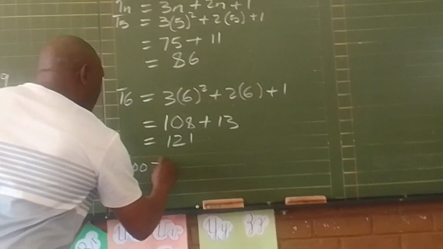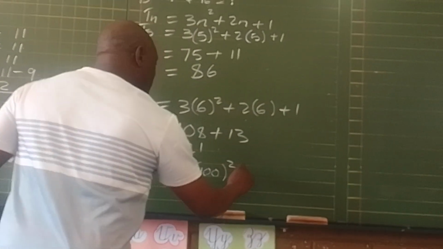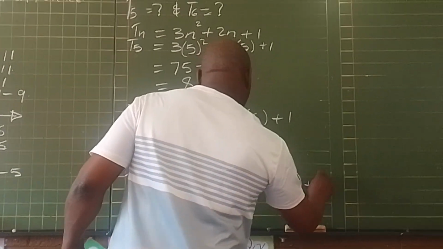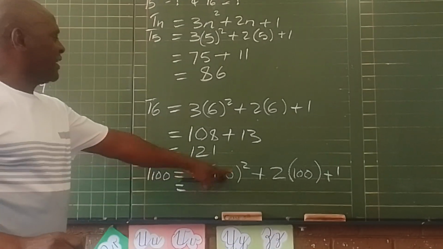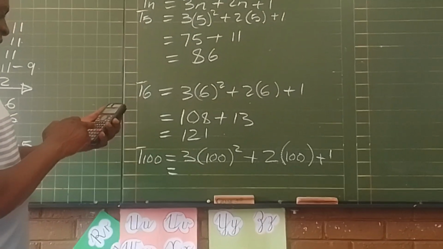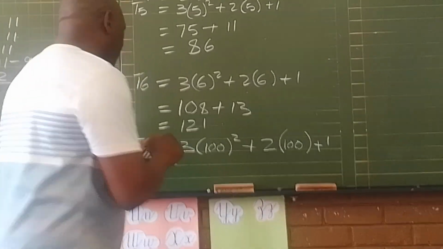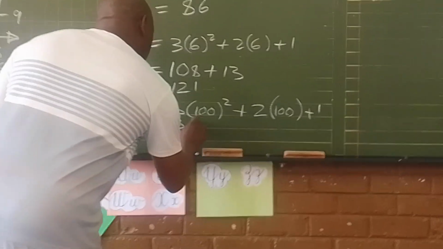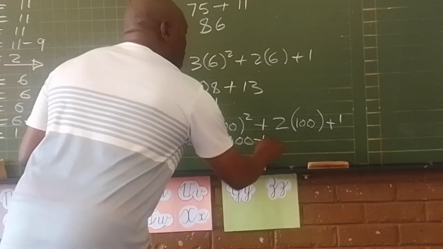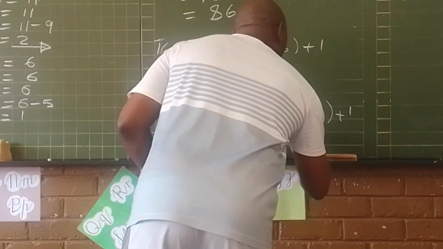T100 is equal to 3 times 100 squared plus 2 times 100 plus 1. 100 squared is the same as 10,000. 10,000 times 3 is 30,000. 100 times 2 is 200, plus 1, 201.